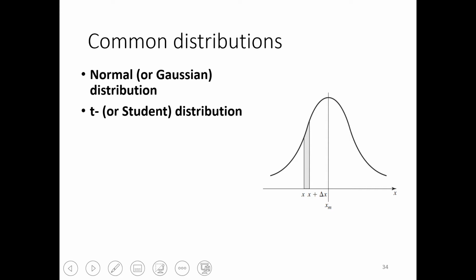So if you go back to the horseshoe toss example, the distribution of the distance from the mean essentially looks like this, right?